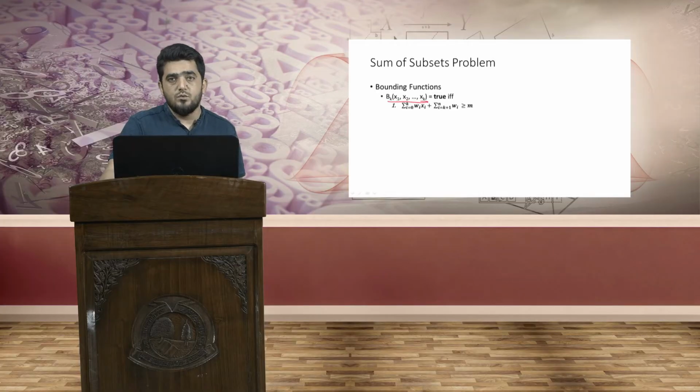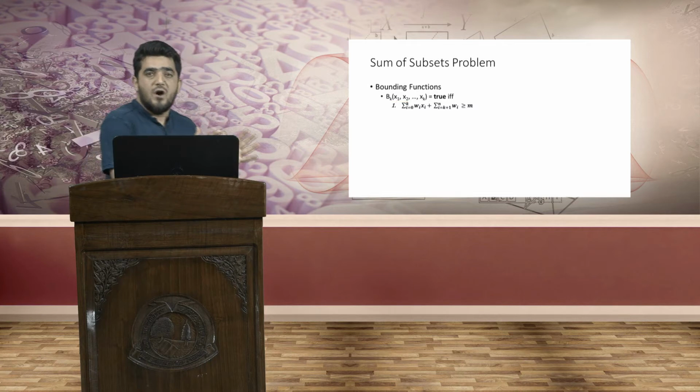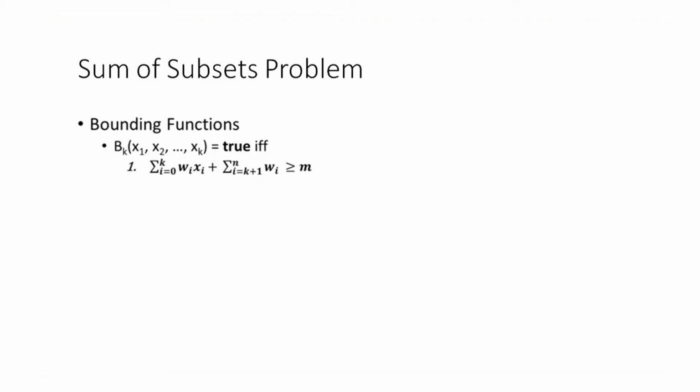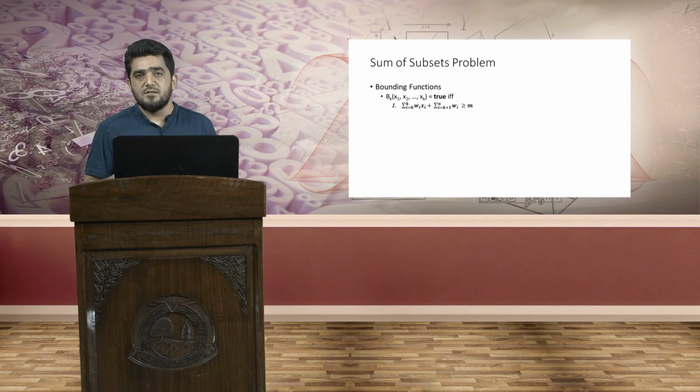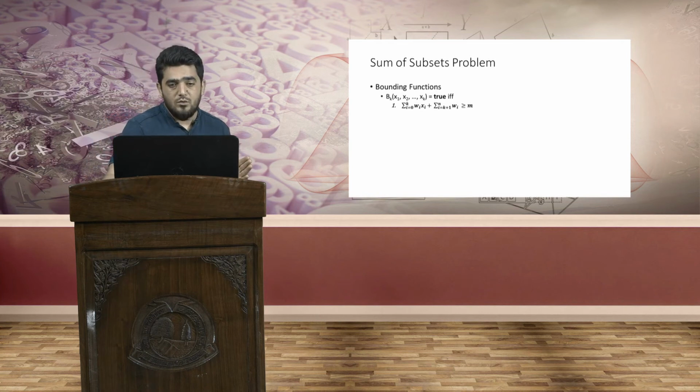The first case would be, considering xi to be either 0 or 1, as I discussed earlier: 1 times the weight means we are considering the weight, and 0 times the weight means we are not considering the weight. So, what we are saying here is that the first case for our bounding function is that the sum of the weights that we have considered so far plus the sum of all the remaining weights has to be greater than or equal to m.